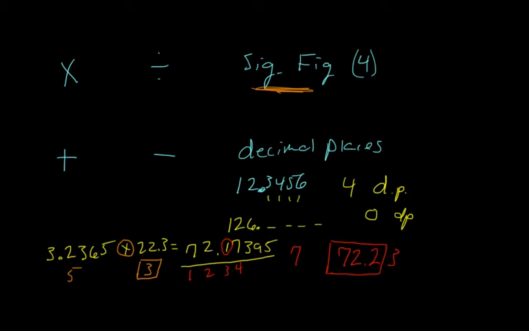Now let's say I had an addition one. Let's say I had 22.89, and I'm going to add that to 3.784.